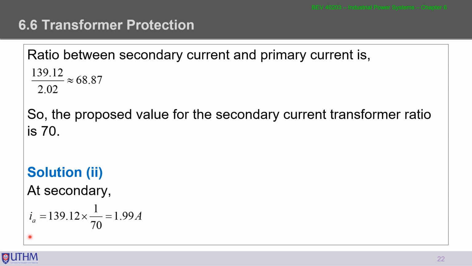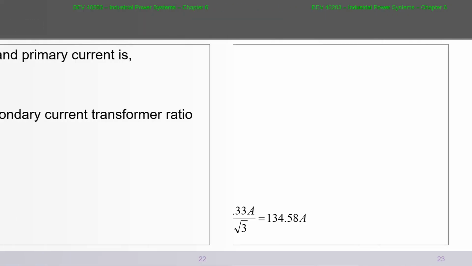The I phase is equal to I at the secondary times the ratio of the current transformer. Then we get the I phase is equal to 1.99 A. This value is the phase current at the secondary side.